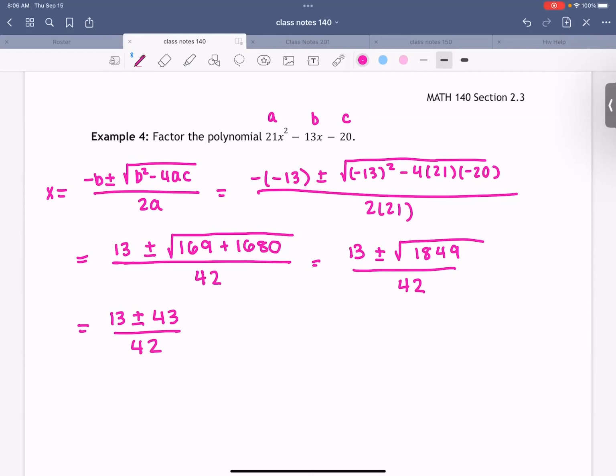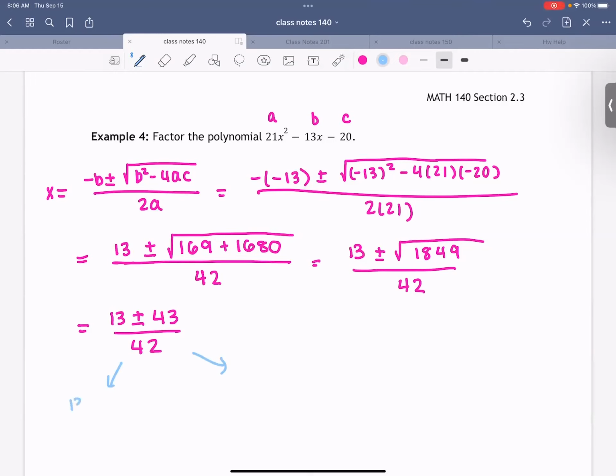Okay. So this is a solution to my equation, okay? Let's get the two different solutions. So I'm gonna take the negative version, I'm gonna take the positive version, find the two numbers, right?